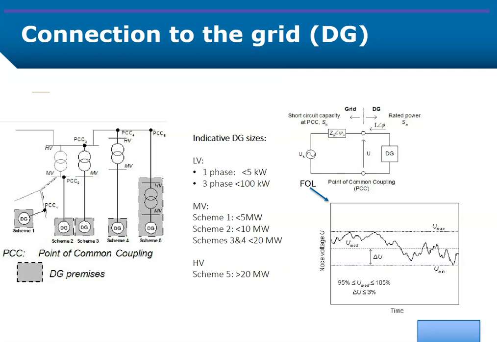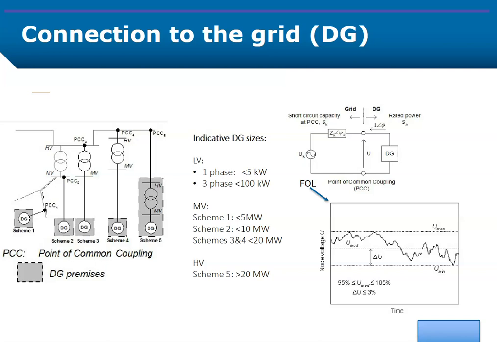And you can see here that you can typically have different structures for low voltage, one phase, three phase, medium voltage and high voltage. So depending on which voltage level you are actually connecting to, you need to take certain measures. We will not go into all of these details here, but it's an important topic that you should recognize.